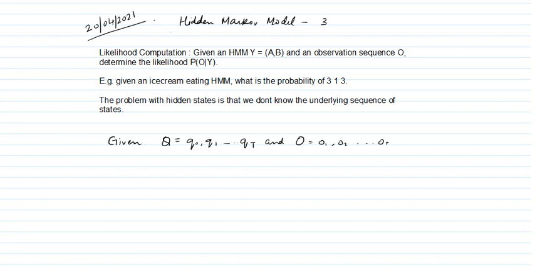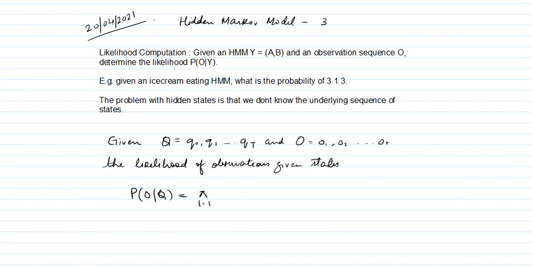So the likelihood of the observation sequence with respect to states, the likelihood of observations given states, we all know it is given as P of O given Q, that is equal to the product of i is equal to 1 to T for all the time steps, P of oi given qi.